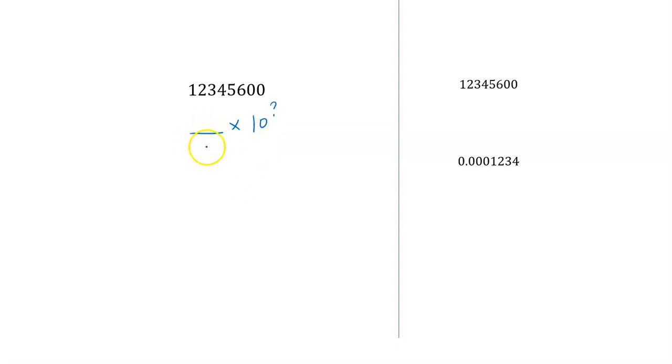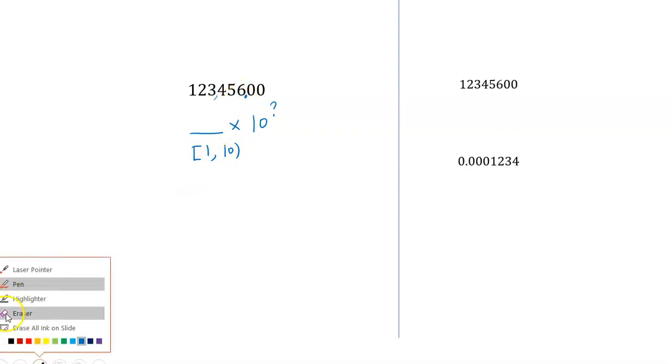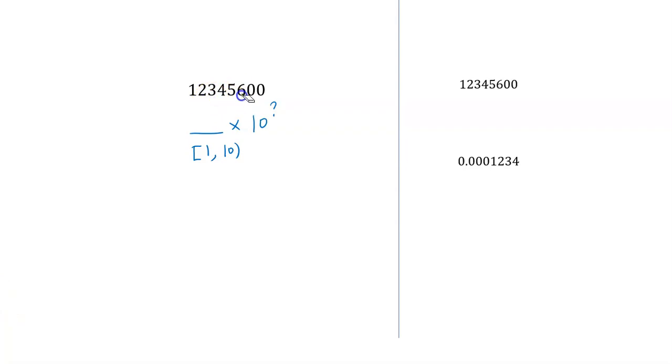And the number here has to be a number between 1 and 10. It can be equal to 1, but it has to be less than 10. So if I stop right here, I got this huge number, 123,456, which is not a number between 1 and 10. So that's not scientific notation.